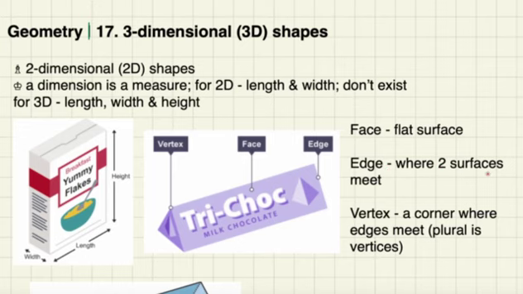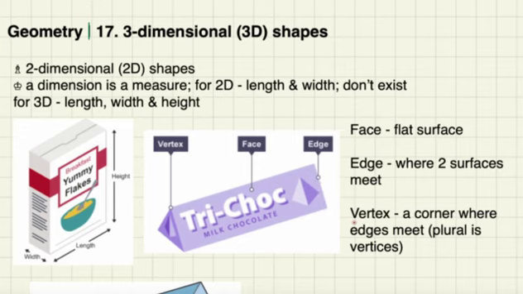Where two surfaces, two faces meet, it's an edge. So this would be an edge because this is where this part and this part meet. So this part here would be an edge. And this part here would be an edge. You can't see the other bit, but it's where this face and the face around this side actually meet. So these are known as edges.